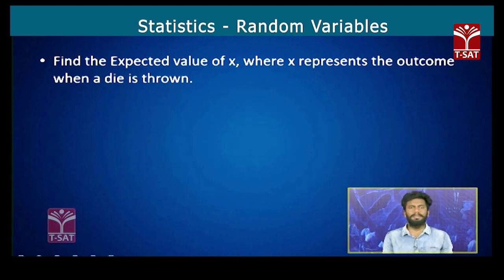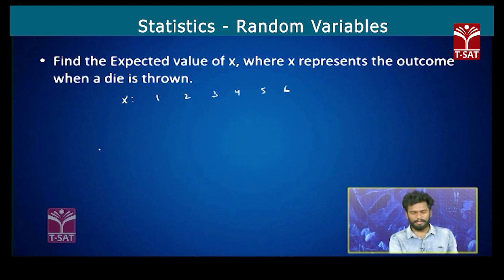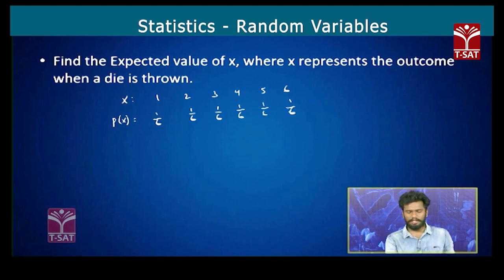Look at the example here. Find the expected value of x when x represents the outcome when a die is thrown. Let us consider the random variable which takes the values 1, 2, 3, 4, 5 and 6. And the respective probabilities p of x are 1 by 6, 1 by 6, 1 by 6, 1 by 6, 1 by 6 and 1 by 6.